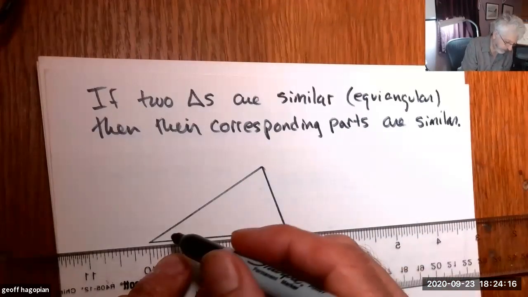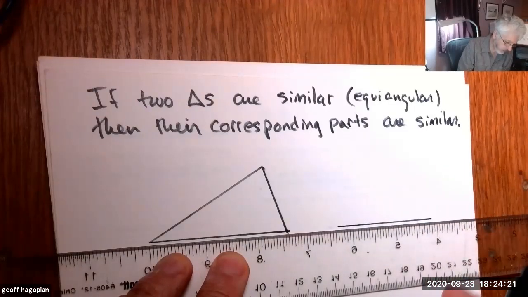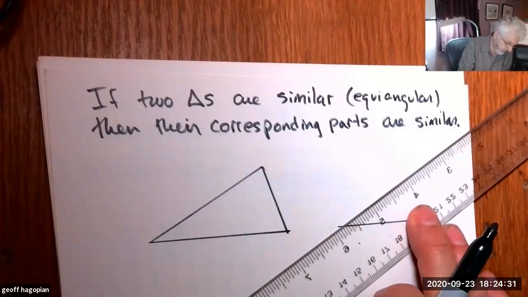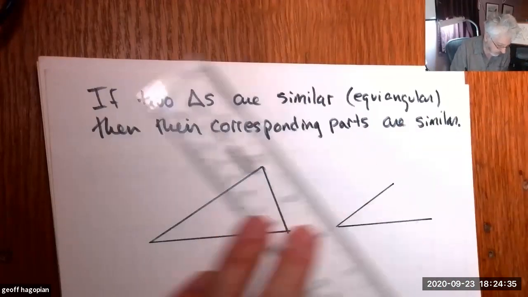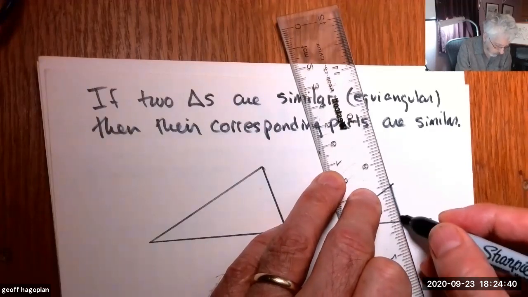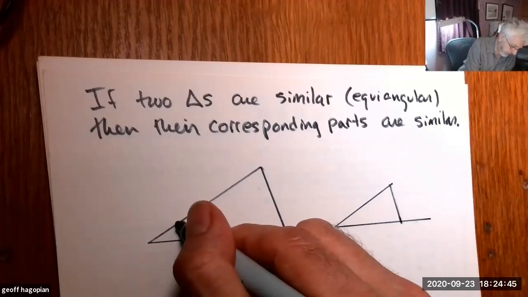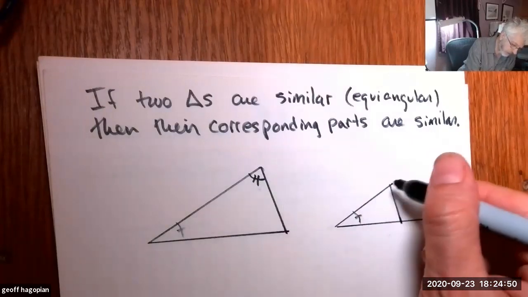So is there a way of copying this angle over to some other location, say over here? Yeah, probably. Let's just fake it. So I want to make this one significantly smaller, okay? So clearly those are not congruent triangles, right? But I'm claiming that they're equiangular, right? Or, I'm sort of saying that that's the way I built them, right?